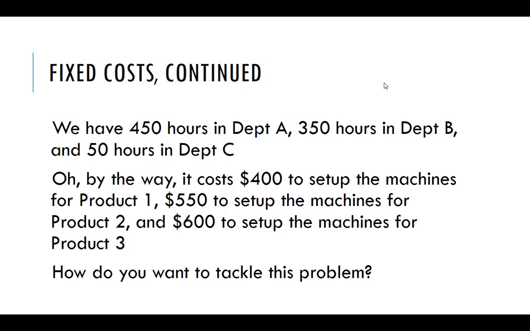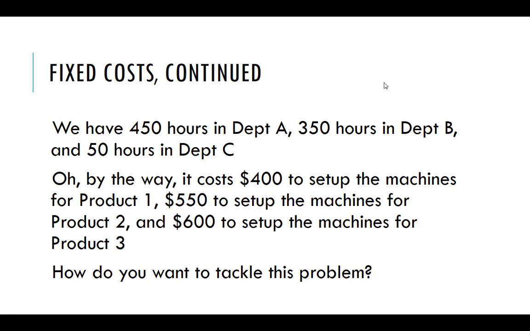A lot of times that's time, as well as the person that's doing the setup, changing the machine over. For product 2, if I need to produce that, it's going to cost me $550. And for product 3, $600 for a setup cost.